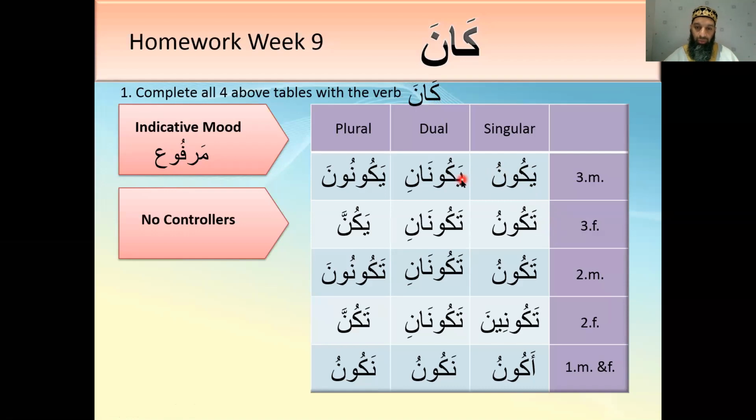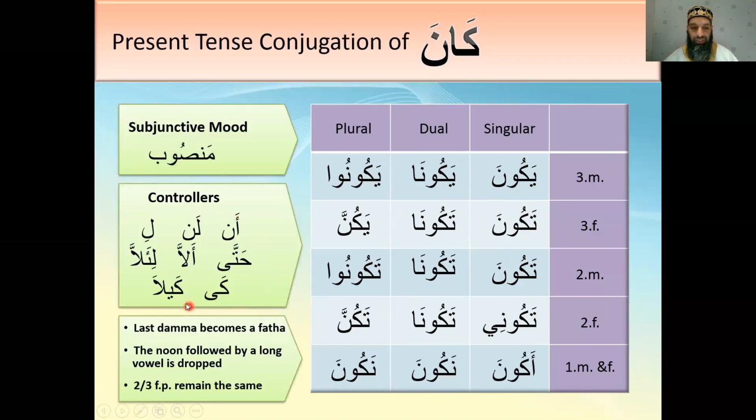So yakunu, yakunani, yakununa, etc. This is the marfu table. This is the default case for the default mood for present verbs. And then when we apply certain controllers, these controllers here, then we basically drop all the nouns except the plural women, and obviously we don't drop these ones here, and all the dhamma endings go to fatha.